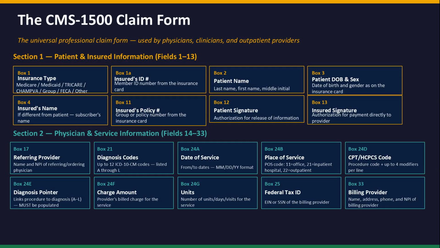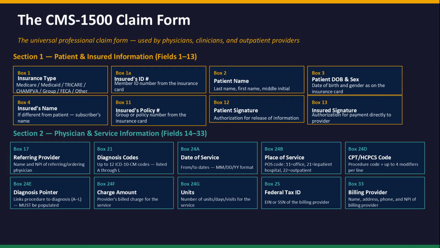The top section, fields 1 through 13, captures patient and insurance information. Let me highlight the critical ones. Box 1 identifies the type of insurance being billed: Medicare, Medicaid, TRICARE, and so on. Box 1A is the patient's member ID number, exactly as it appears on their insurance card. Box 2 is the patient's name.